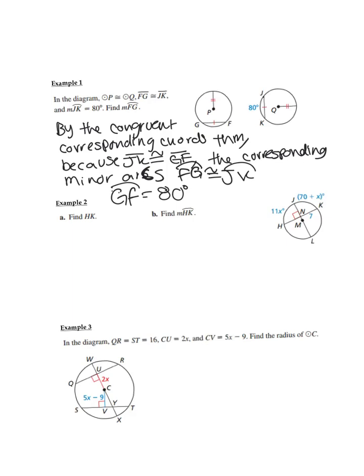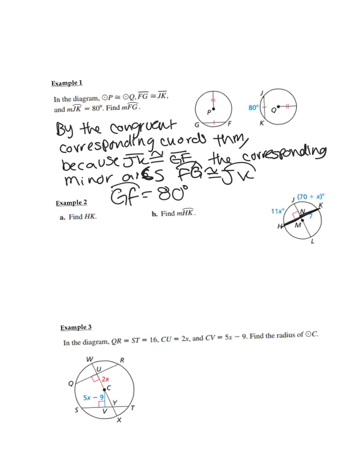All right, so looking at example 2, we have a diagram of a circle whose diameter is perpendicular to a chord. Now, we know that if a diameter is perpendicular to a chord, then by the perpendicular chord bisector theorem, NH is going to have to be congruent to NK, because it is not only perpendicular, but it is a perpendicular bisector.